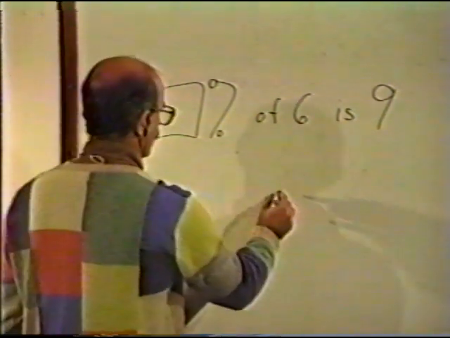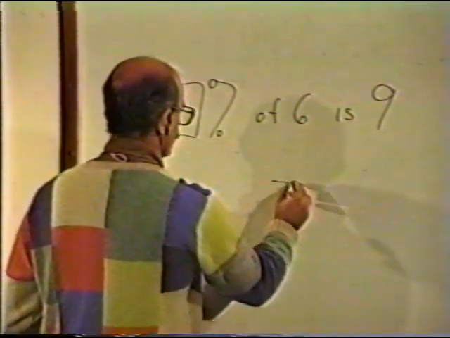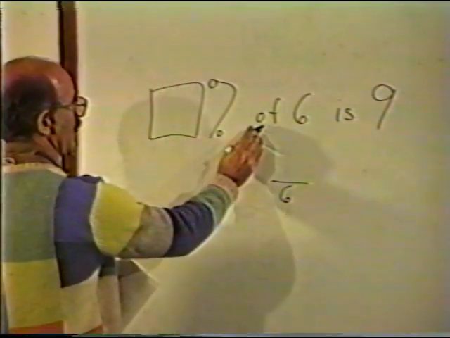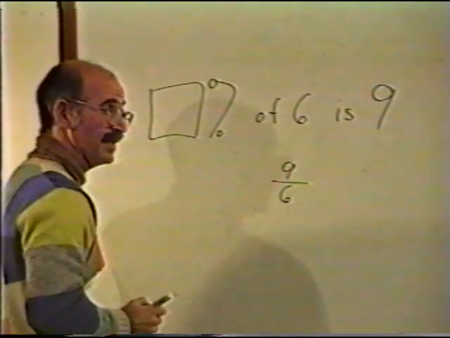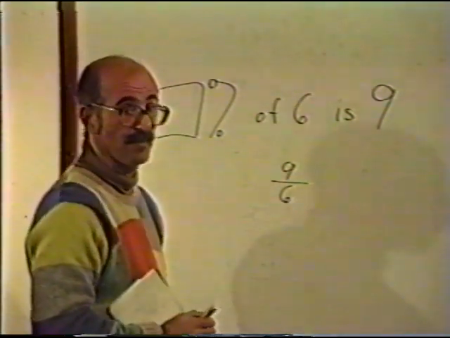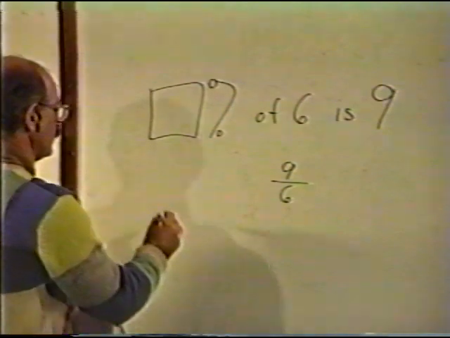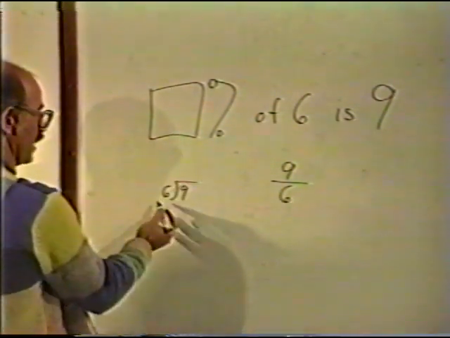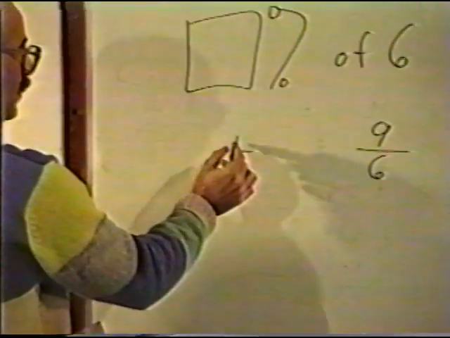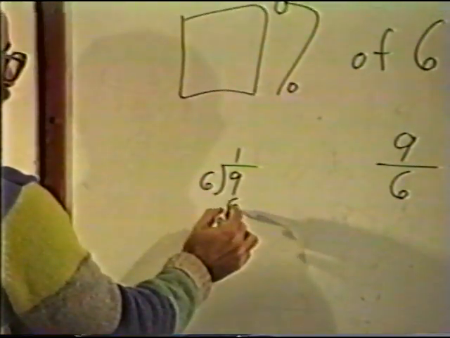6, because it comes after the word of. So the top number is 9. And that is an improper fraction. We have to divide the 6 into the 9. 6 into 9 is 1. 1 times 6 is 6.